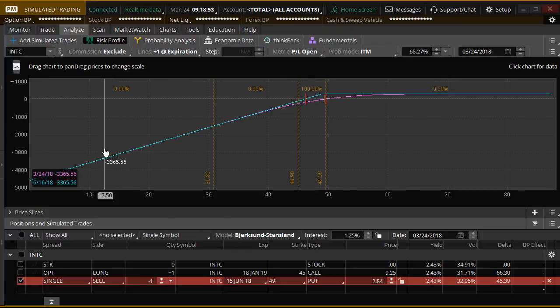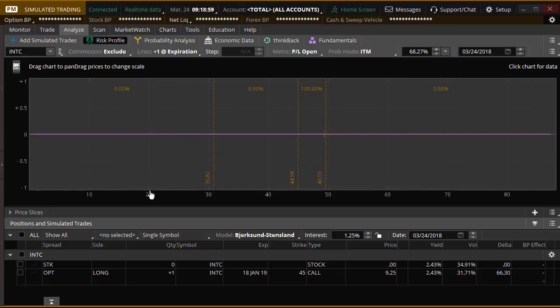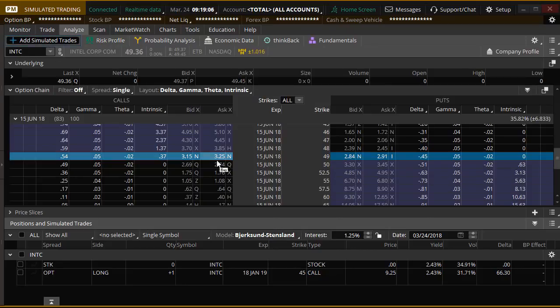Okay, so when you start combining all of these elements, then we start to get a clearer picture of those P&L graphs. Let's take this another step further and let's put on a trade.